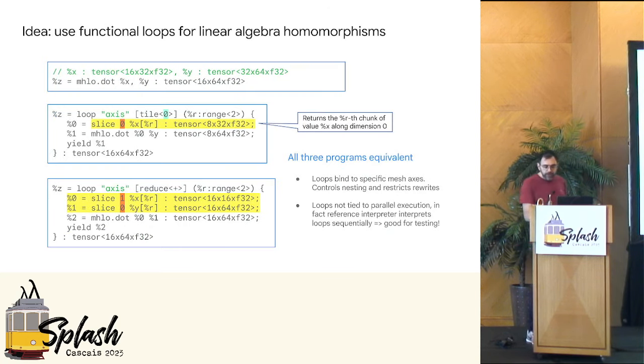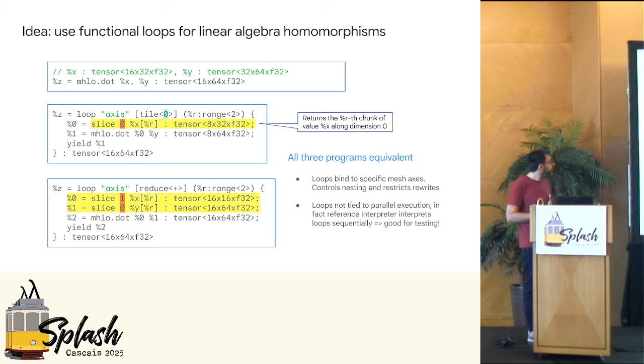So, okay, here's the key idea of PartIR, one of the key ideas of PartIR. The theory behind it is based on linear algebra homomorphisms. What I mean by that is, if you have a dot operator, like a matrix multiplication, it takes 2 tensors, 16 by 32 and 32 by 64, you get out a matrix of size 16 by 64.